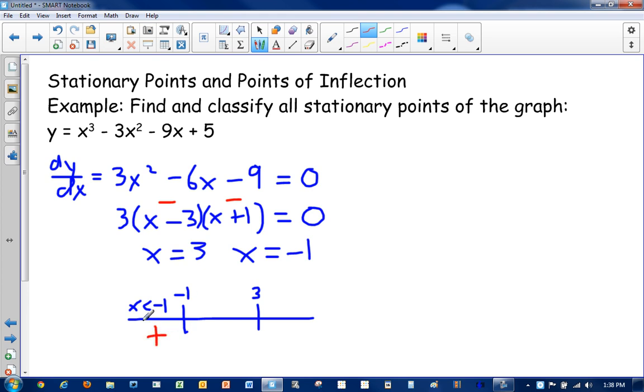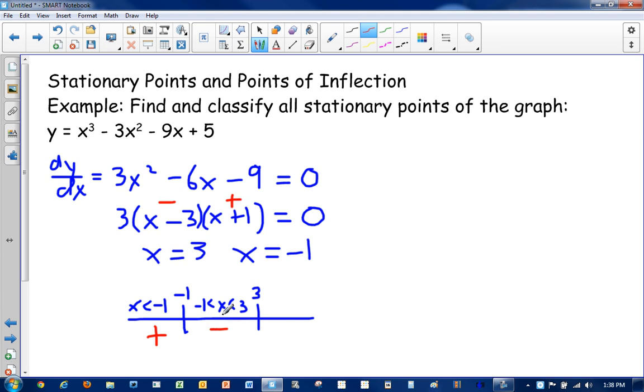So I know the function is increasing everywhere before x equals negative 1. Then I go to my second interval, which is everything between negative 1 and 3. So negative 1 is less than x is less than 3. I'm going to pick my favorite number, which is 0. 0 minus 3 is still negative, but 0 plus 1 is positive. So now I have 3 times a negative number times a positive number, and that's going to be negative.